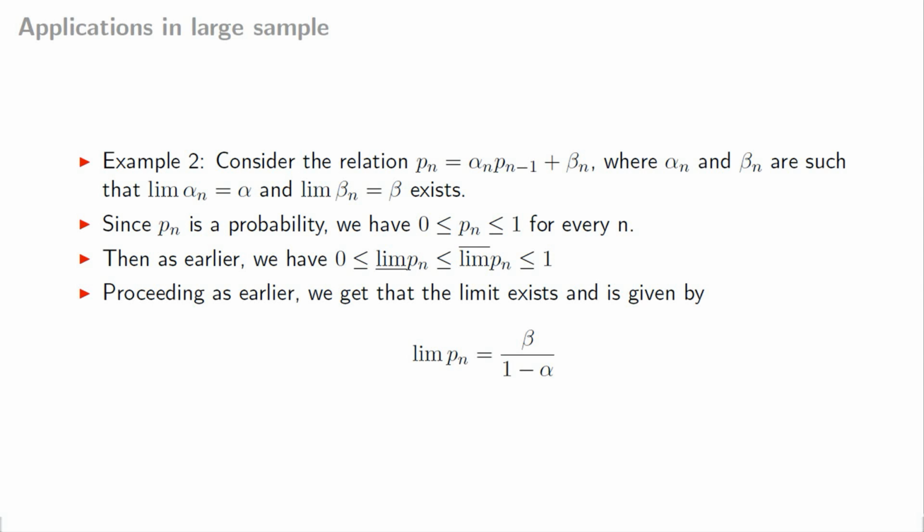Then, as earlier, we have 0 less than or equal to limit inferior of Pn less than or equal to limit superior of Pn less than or equal to 1. Now, proceeding as earlier and using the fact that the limits of alpha n and beta n are finite, we get that the limit of Pn exists in this case also and is given by the same beta by 1 minus alpha as before.